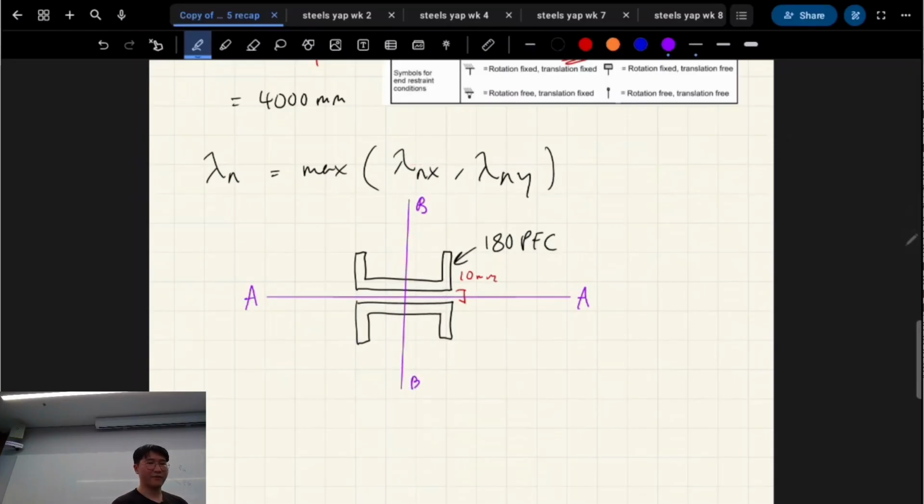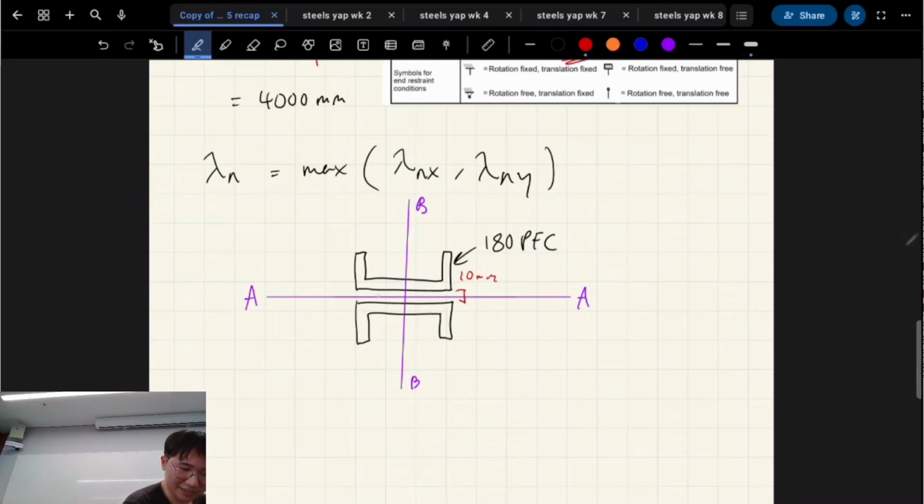Now, assuming that the length is not restrained, which it's not because it's a truss, is it going to buckle about the AA axis or the BB axis, most likely? Put your hand up if you think it's A. What's the minor axis?